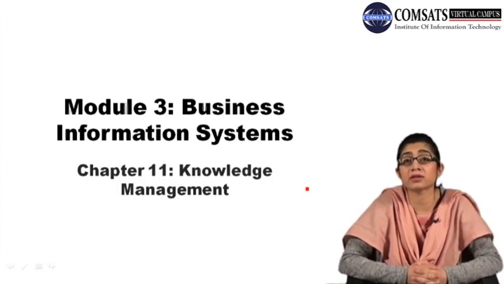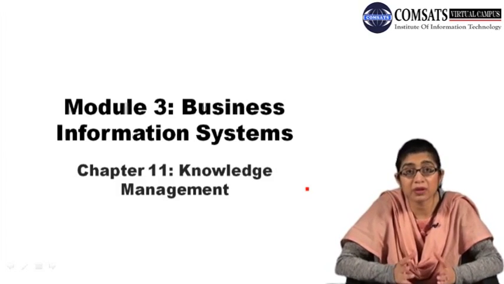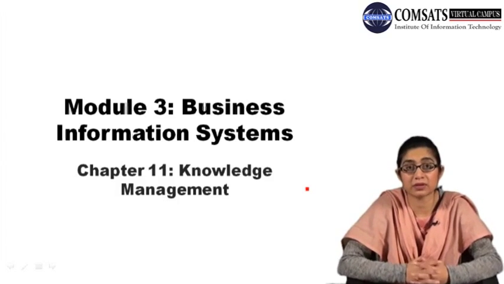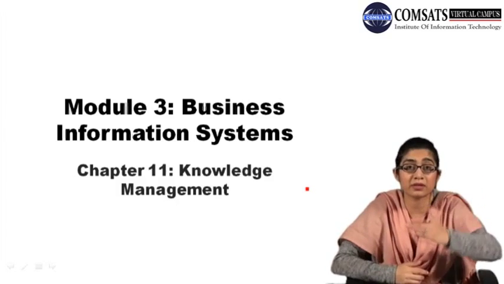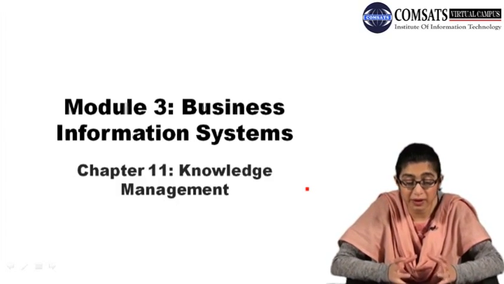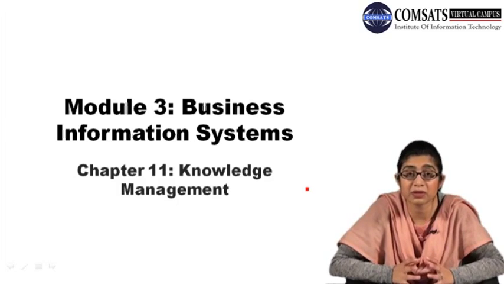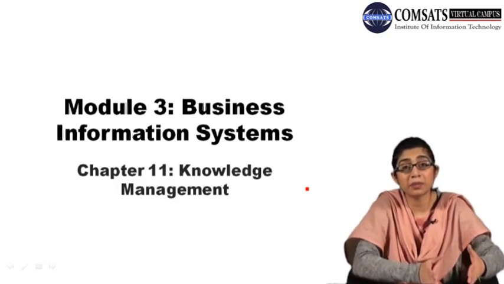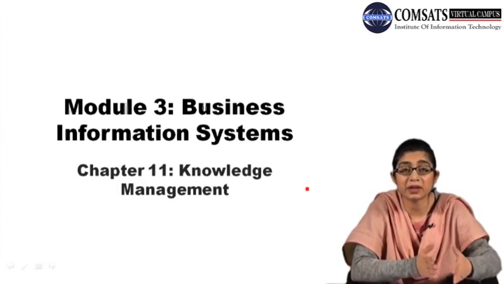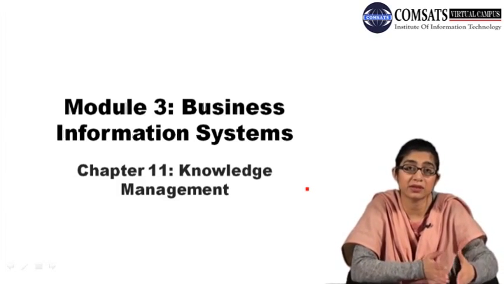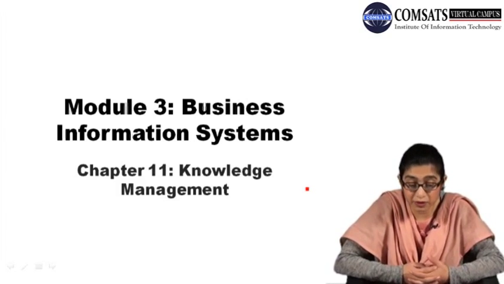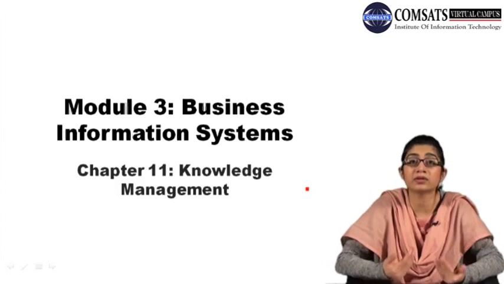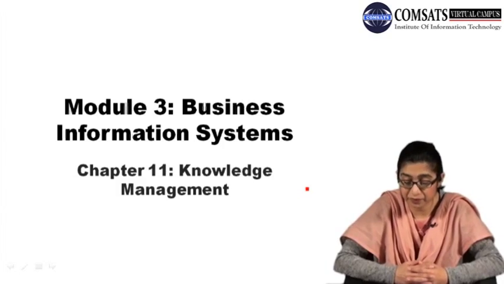So these decision support systems support the different levels of the decision process, and also the different phases of the decision. That's why they are there to help managers at different levels of an organization do problem solving or decision making.